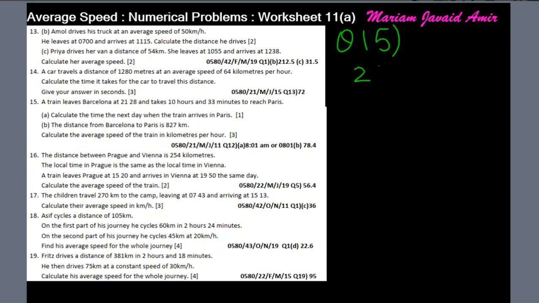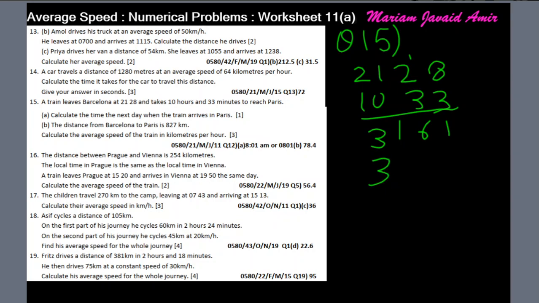So we have 12:21:28. We need to add 10 hours 33 minutes. This becomes 8, 9, 10, 11. 1 carry 3, 4, 5, 6. 1 and 3. So 61 minutes means give 1 hour to the other side and we get 32 hours 1 minute.